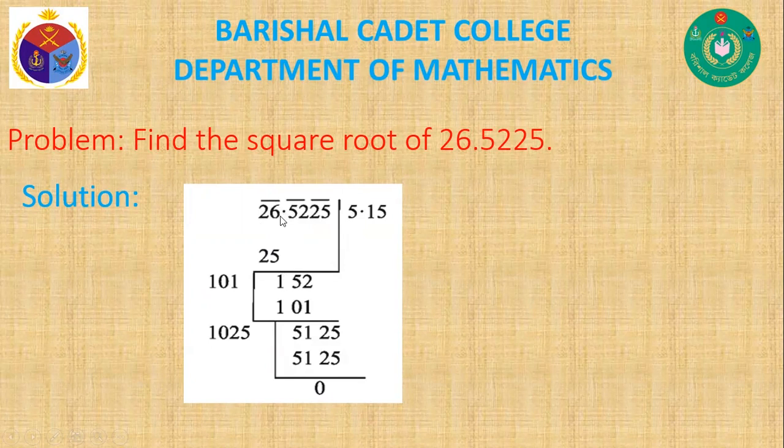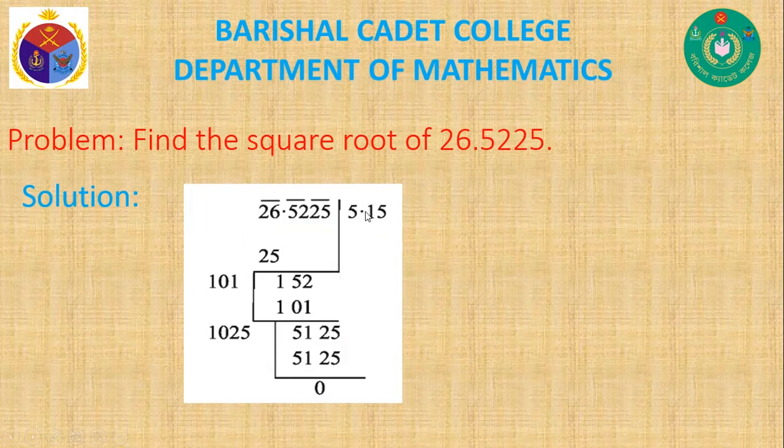Then for crossing the decimal point, I have taken a decimal point here and I have taken here 52. So now we have to find a number which we put here and multiply this 10-something by that number, so that the total result will be 101.